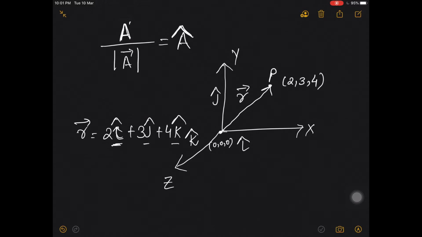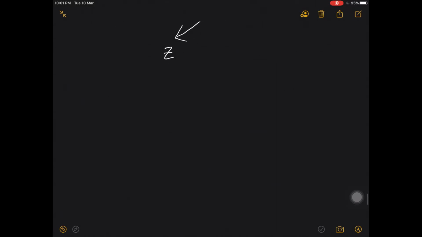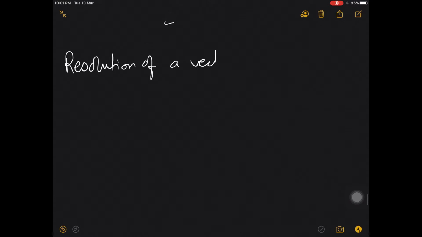Okay, let's come to the next topic, resolution of a vector. Now suppose in my 2D plane, I'm just taking the example of a 2D plane to make things simple.